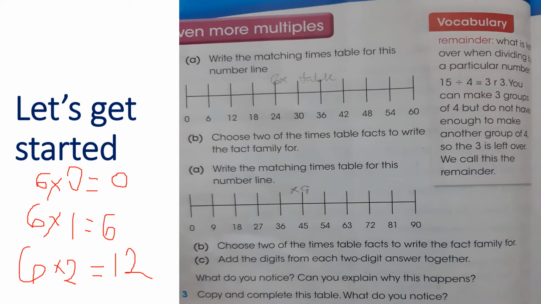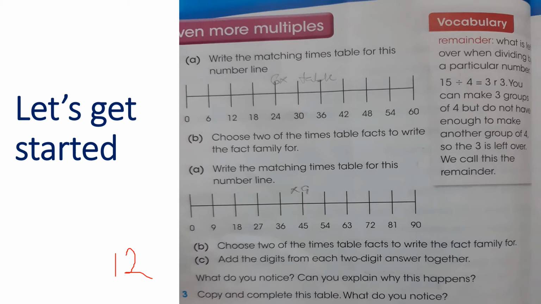So for example, if I choose 6 times 2 as the fact that I want to use, it says you should choose 2, I'm choosing 1 now. 6 multiplied by 2 equals what? 12. So let's start my fact family now.